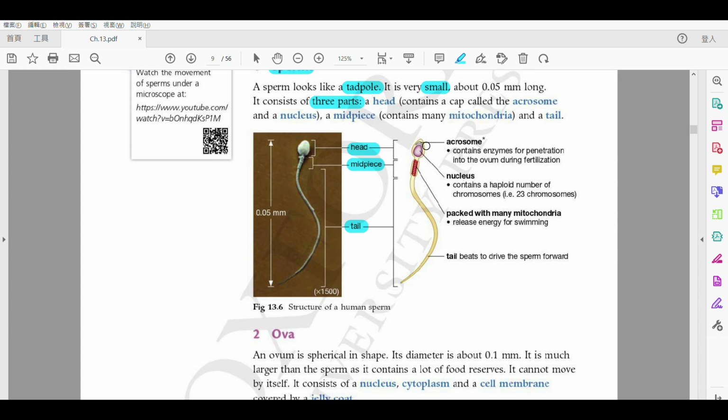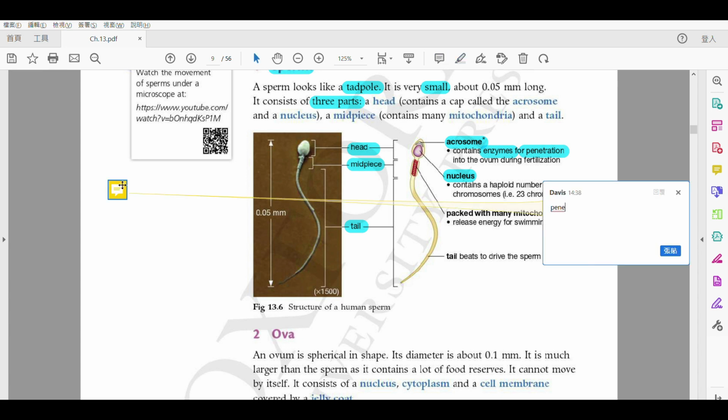Okay, so when we talk about the head, there is a cap at the very top. This is called the acrosome. And another thing is the nucleus. So what is the acrosome? The acrosome contains the enzyme for penetration into the ovum. What is it going to penetrate?